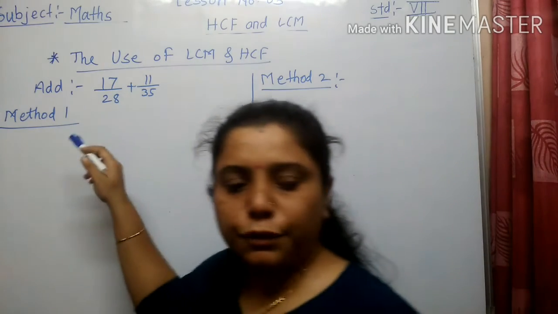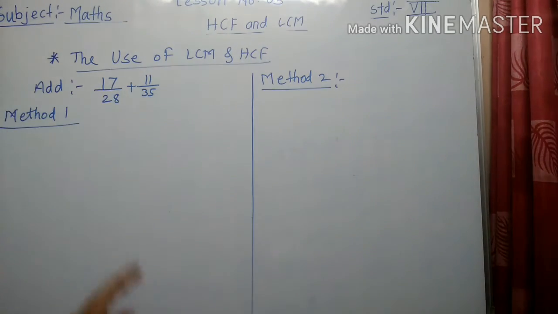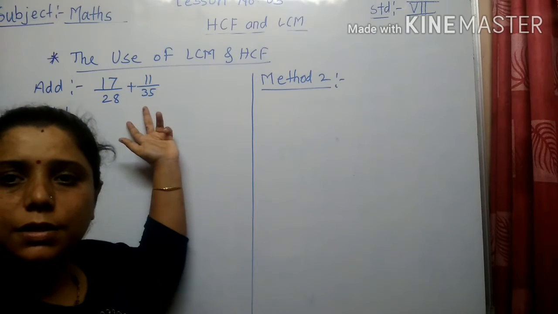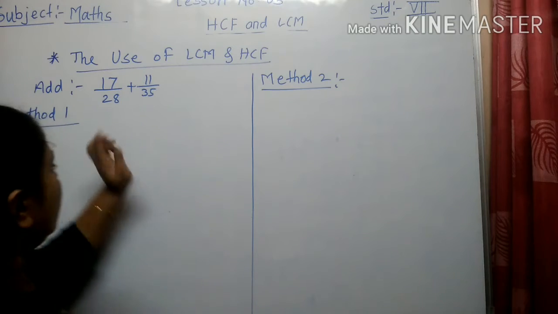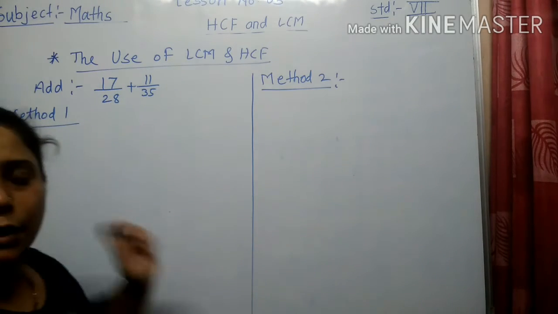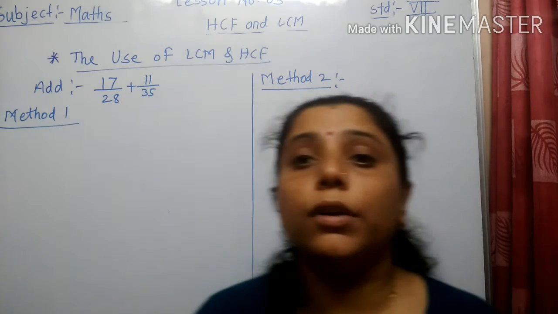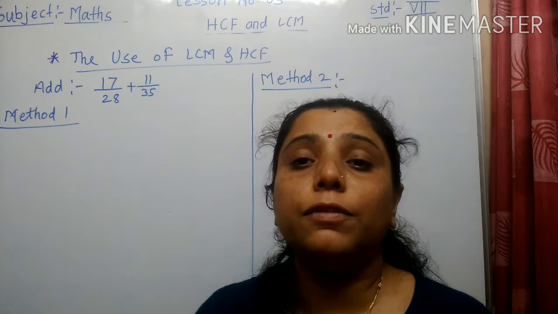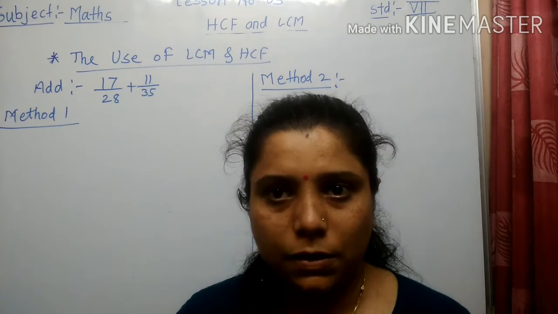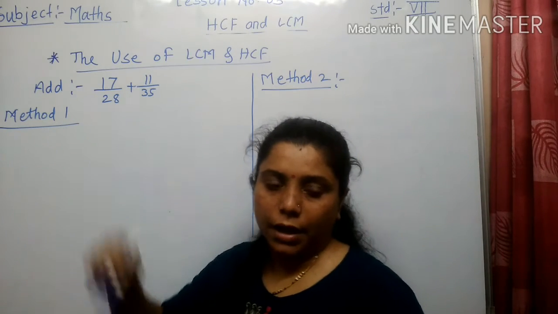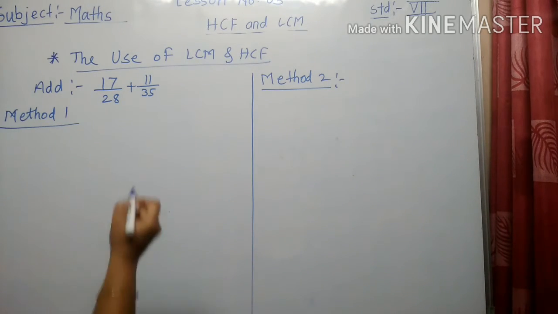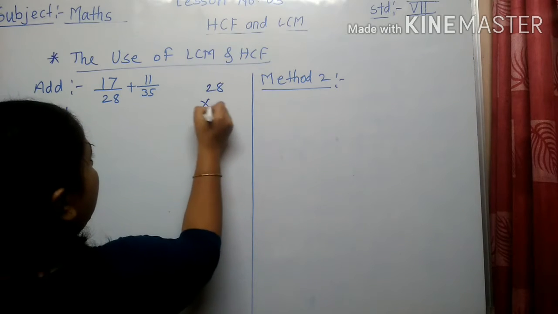The first method: here you just have to focus on the numbers given in the denominator. In the denominator, 28 and 35 are there. So directly you can take the product of those two numbers, 28 into 35. You will multiply it.